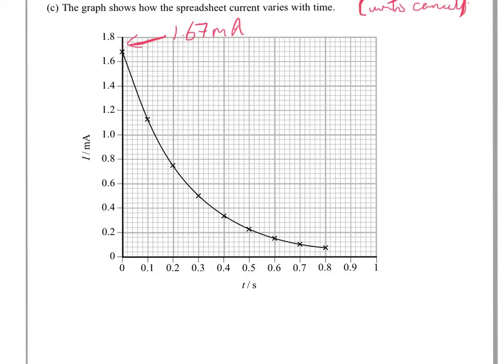Next question asks how we can tell that this graph represents the same numbers. It says show that this is consistent with the values you've calculated, or actually not the values you've calculated but just the component values in the question.